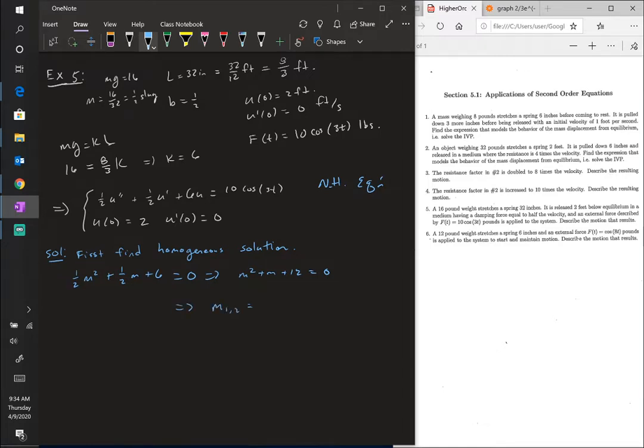M turns out to be -1/2 plus or minus i times square root of 47 over 2. So alpha is -1/2, beta is square root of 47 over 2.